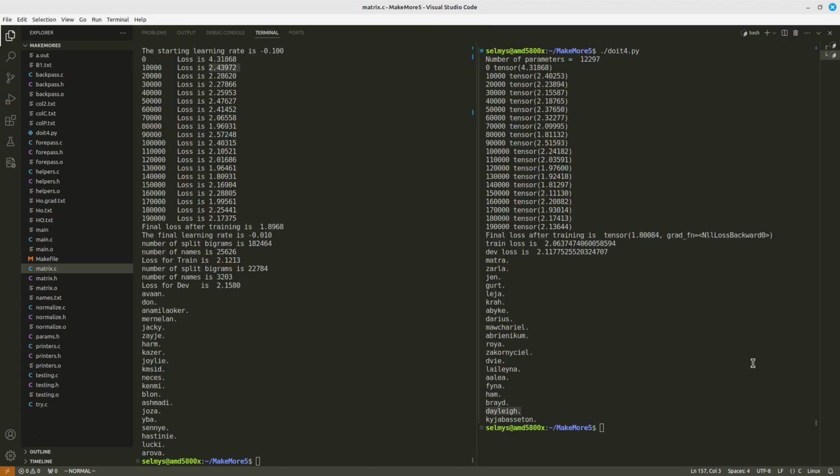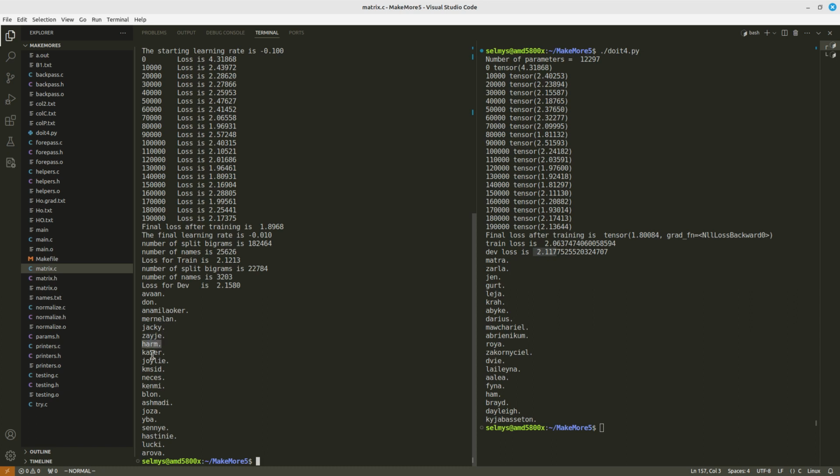the answers I got, if you look at the loss for the train, I got 2.1, whereas the Python got 2.06. For the development, I got 2.15, and the Python got 2.11. And some of the names I got, I guess, not bad. Van, Dawn, well, Dawn is actually a name. Jackie with a Y. Is it Zaja?